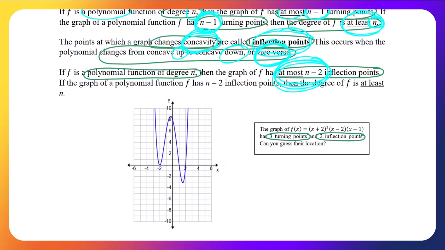So looking at this graph, we're going from decreasing to increasing, a turning point; increasing to decreasing, a turning point; and decreasing to increasing, a turning point.